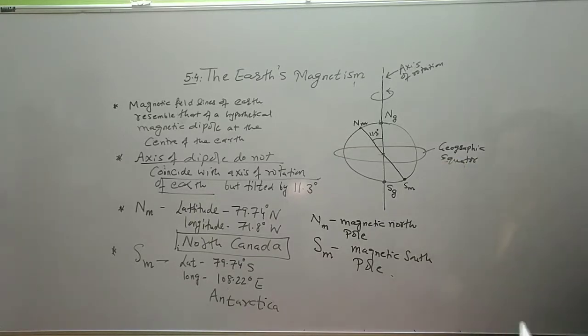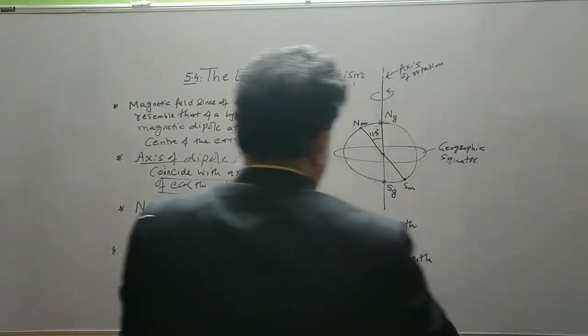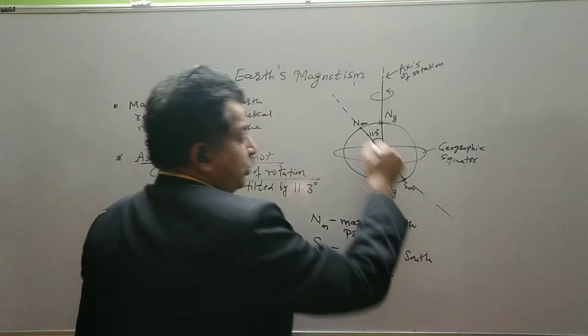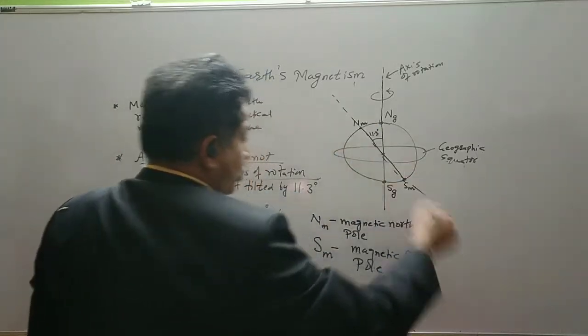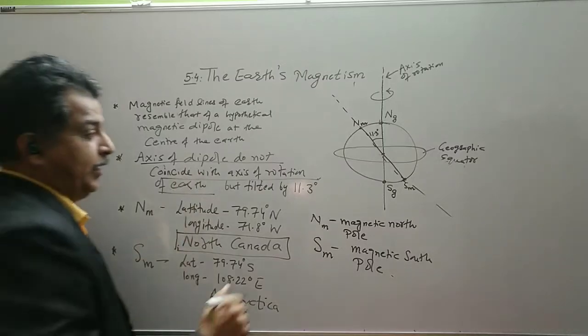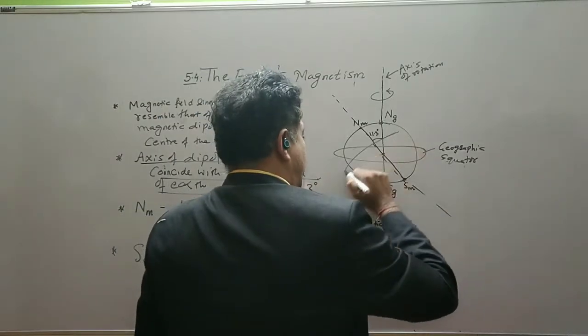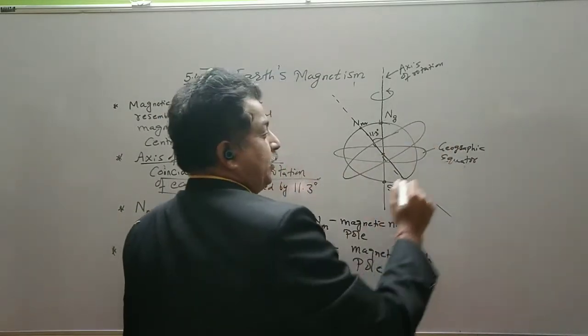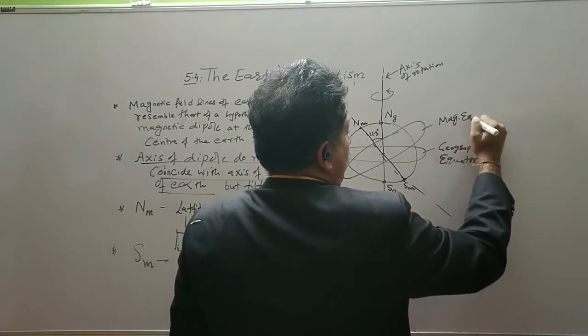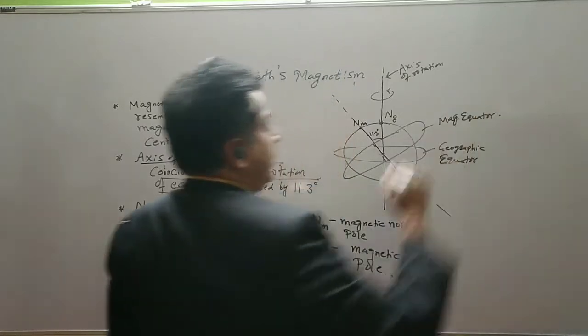Now let us try to draw the magnetic field lines of the Earth. So this is the geographic equator, and if I assume this is a dipole, we have north and south. So this is the axis of the dipole. Now if I assume it is a dipole, then this is its equator. This is called the magnetic equator.